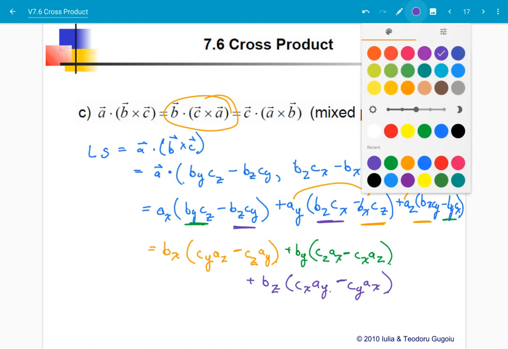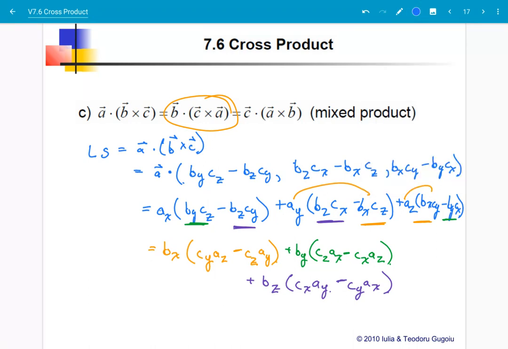Okay, and we're going to finish it up in one step here. This is B vector dotted with C cross A. And so you would just have to do it again, but you would factor out the CX, CY, CZ to get the third one if you wanted.